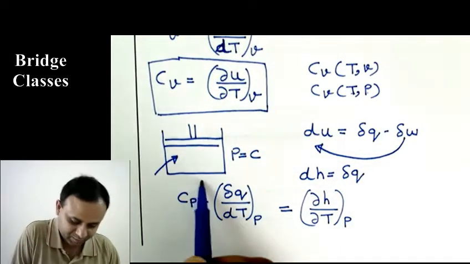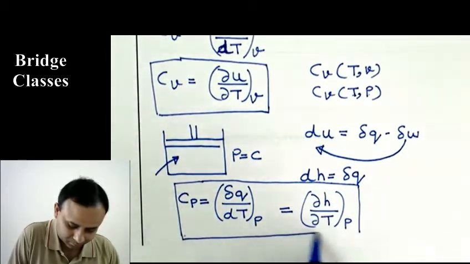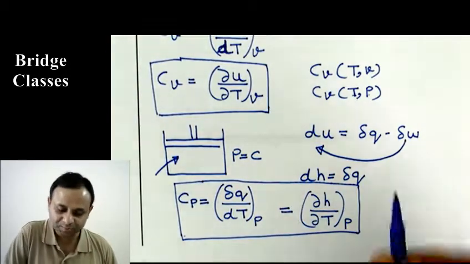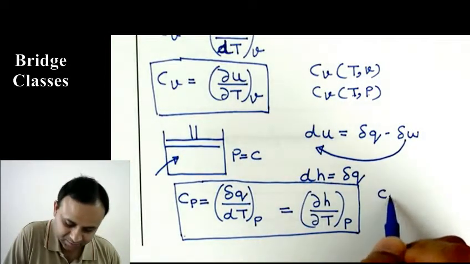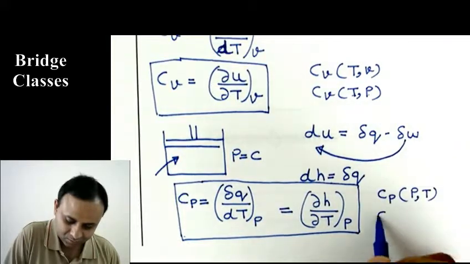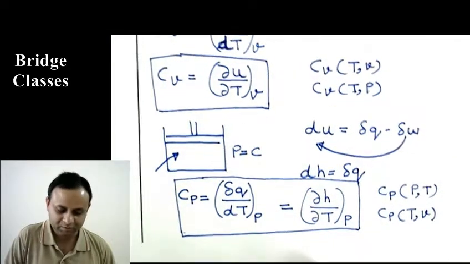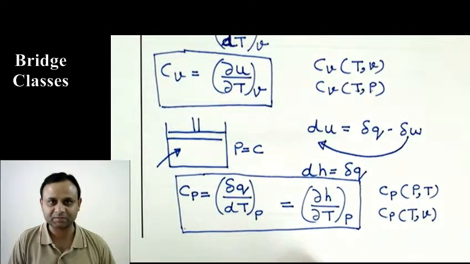Okay, so that is CP. Okay, and this is also a property. So you can write CP as a function of, say, pressure and temperature, or it is a function of, say, temperature and volume. Okay, so like that. So these are specific heats.